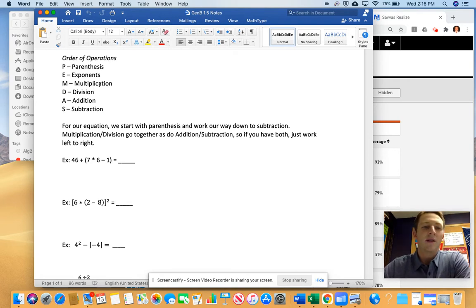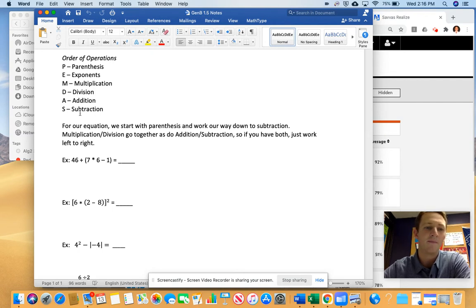The first thing we do is anything inside parentheses. Then we move on to exponents, and then multiplication and division are tied together. If you just have multiplication and division, you can move left to right. Same thing with addition and subtraction.